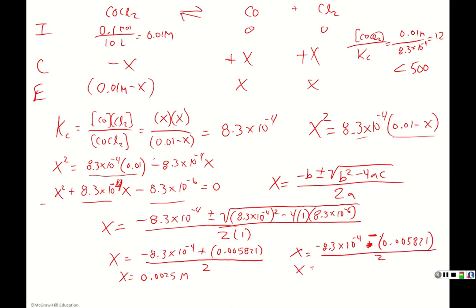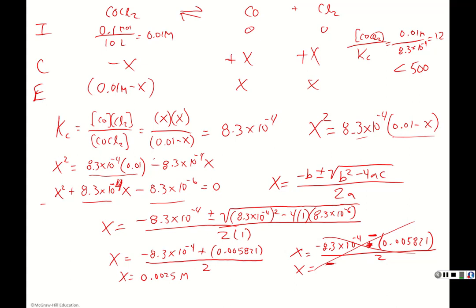And when we do that, we get a negative value. Right, so it's a negative value. Remember, you can't have negative concentrations.